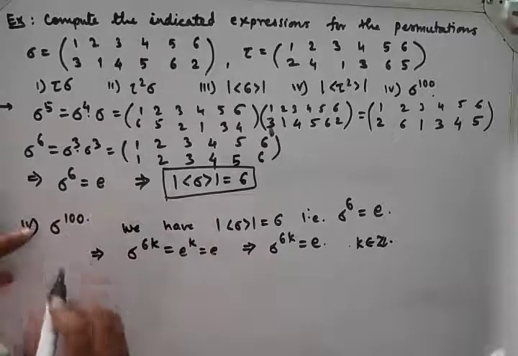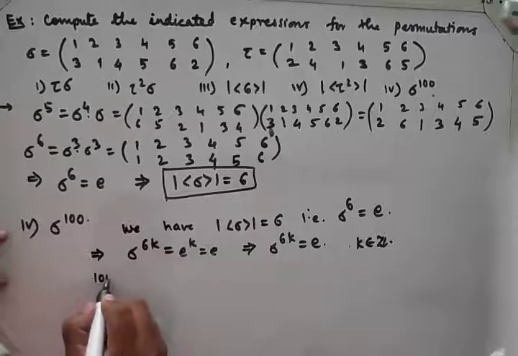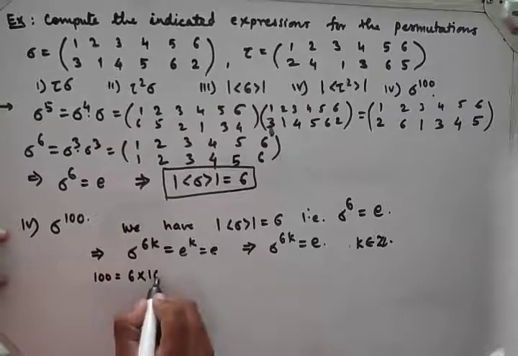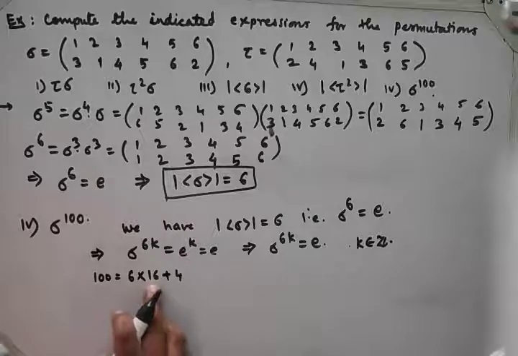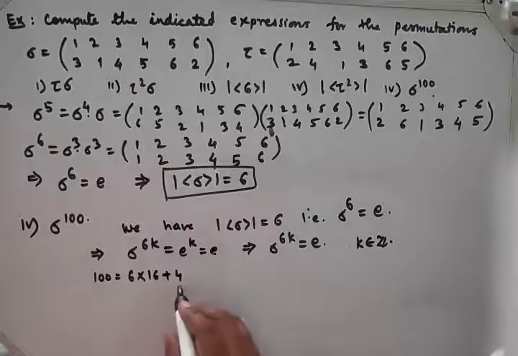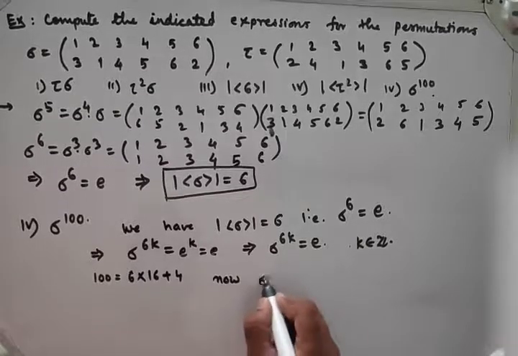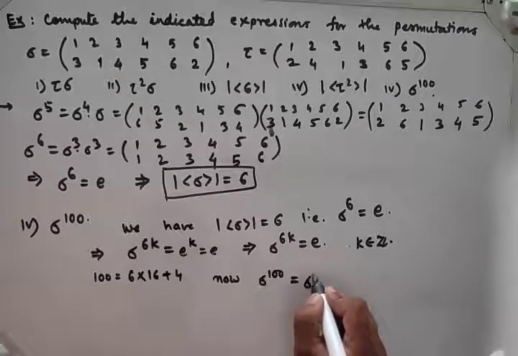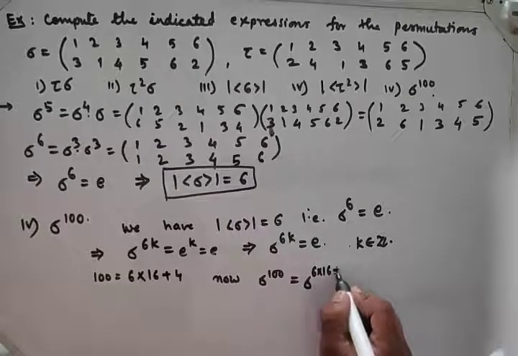So I will write that 100 is not a multiple of 6. So how can it be written? 100 can be written as 6 into 16 plus 4. 6 into 16 is 96, plus 4, right? So now sigma raised to 100 can be written as sigma raised to 6 into 16 plus 4.